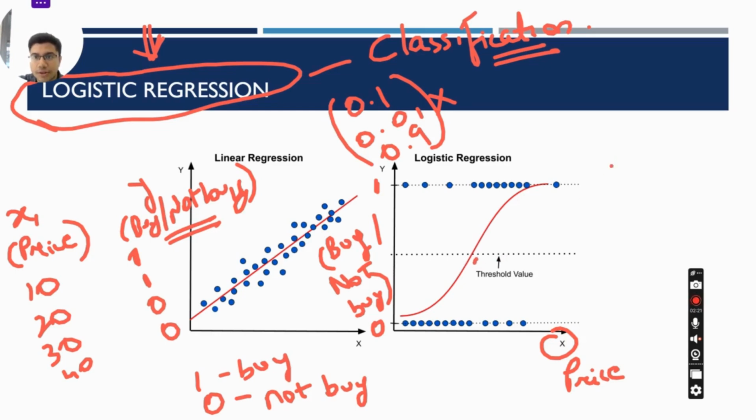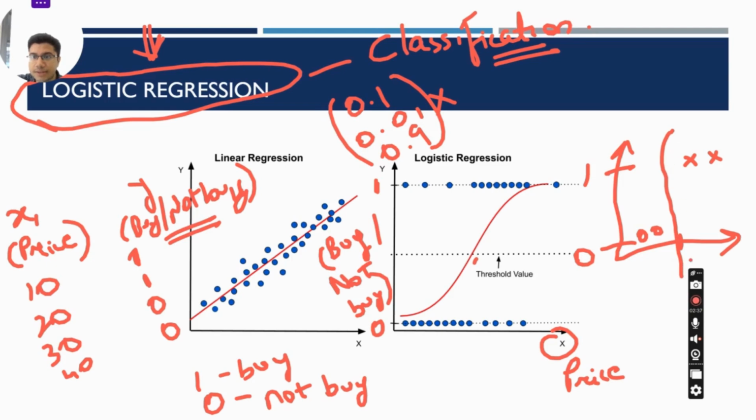Let us create our own problem, with the boundary at, let us say, 25. Here this is 10, 20, 30, 40, and this is the linear model that separates this region from this region.